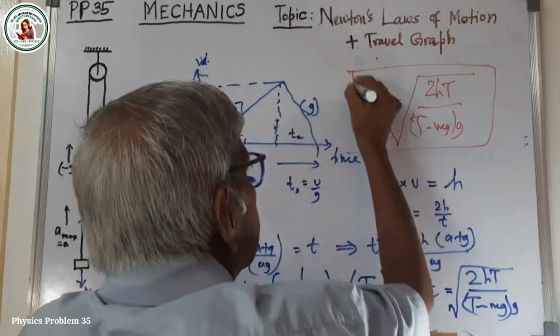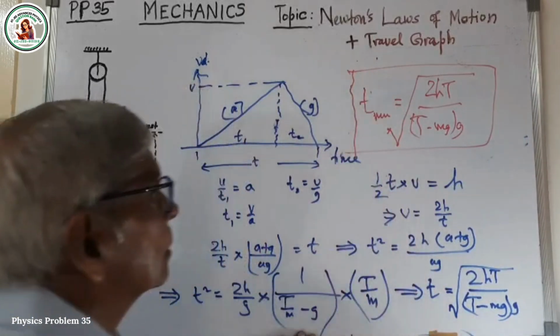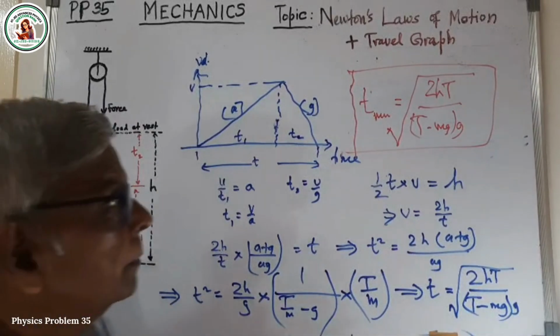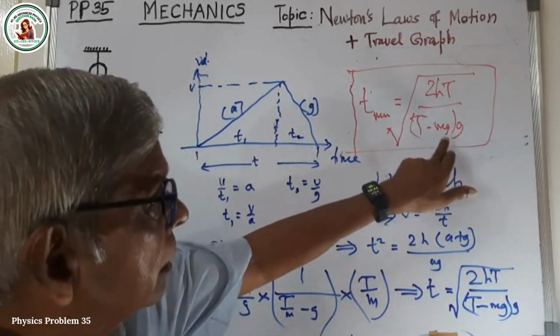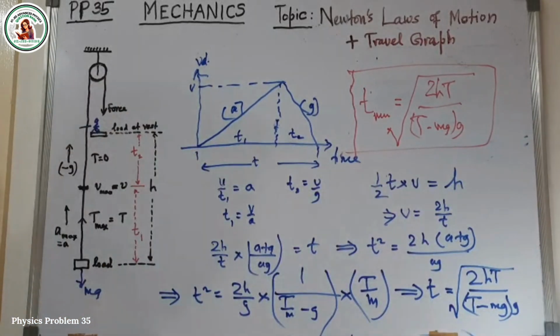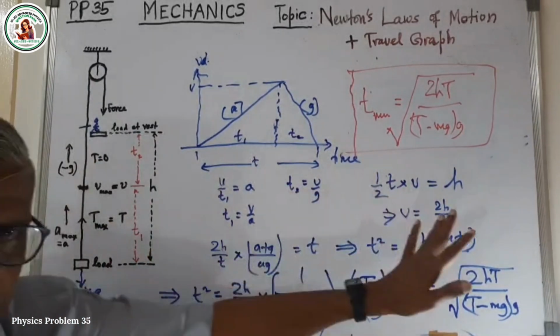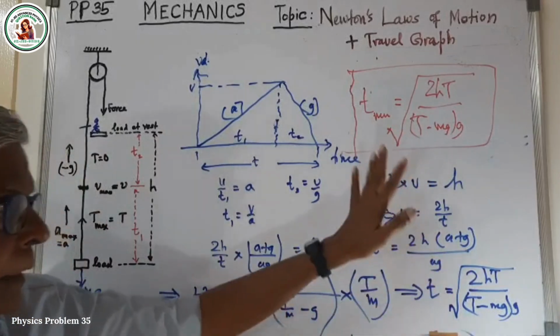That is the minimum time in terms of the given maximum tension and the height involved. I think you can follow. We will make use of this result in our next problem also, so take note of the steps.